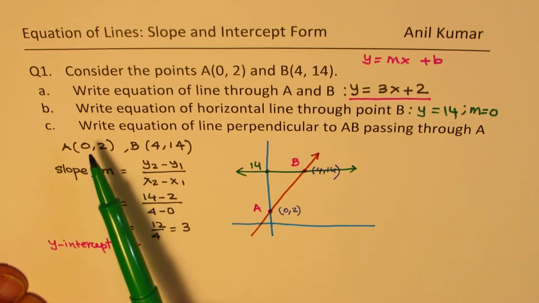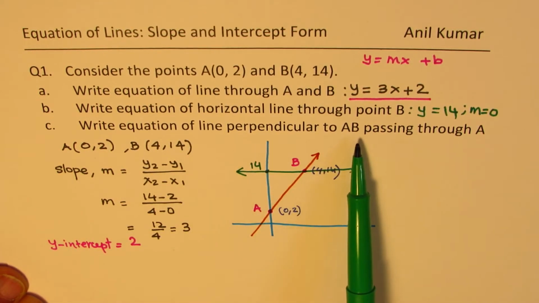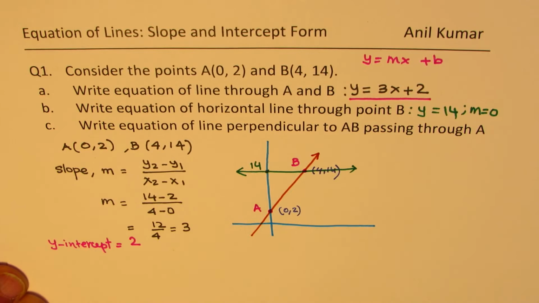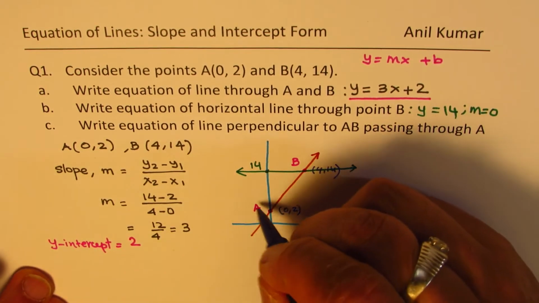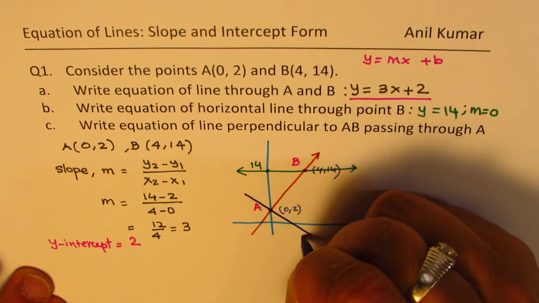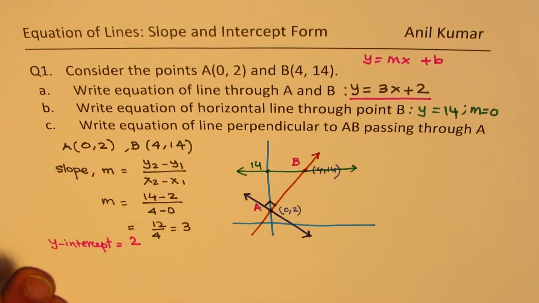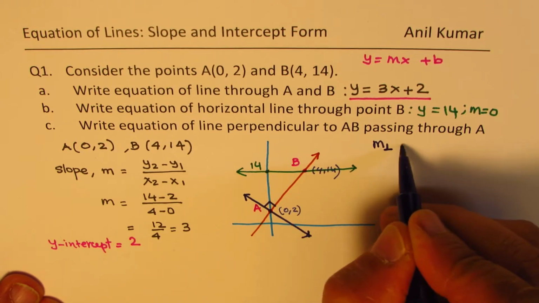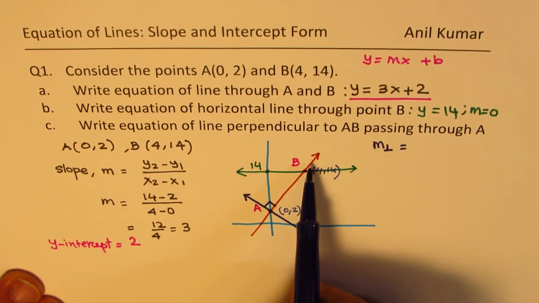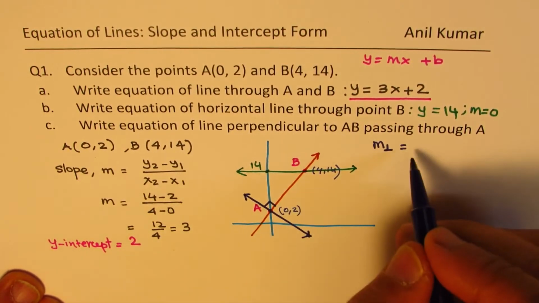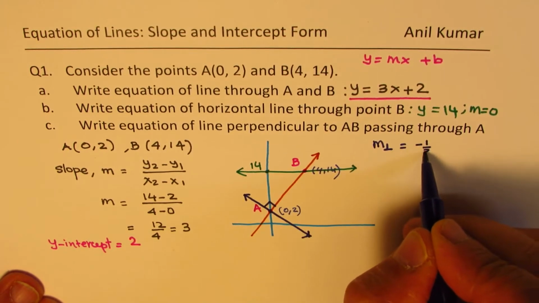Perfect. C. Write the equation of the line perpendicular to AB passing through A. If I have to draw a line perpendicular to AB passing through A, it will be something like this, where this line is perpendicular. The slope of this perpendicular line is going to be the negative reciprocal. Earlier it was 3, so this slope is going to be minus 1 over 3.